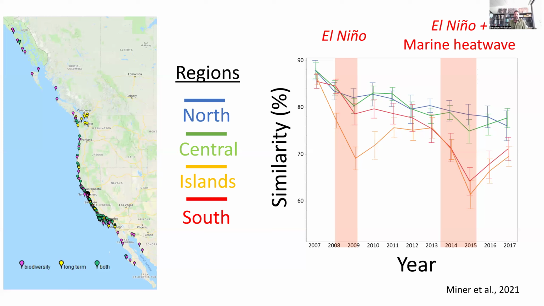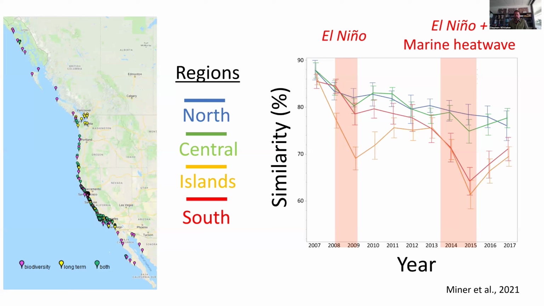And you see that each of these lines represents a different intertidal region. In this case, the red line represents sites located along the Southern California mainland. The orange line represents sites at the Channel Islands, and green is for Central California sites. Blue is for sites in Northern California up through Washington State. And you can see that all of these lines dip during these periods of warmer water.